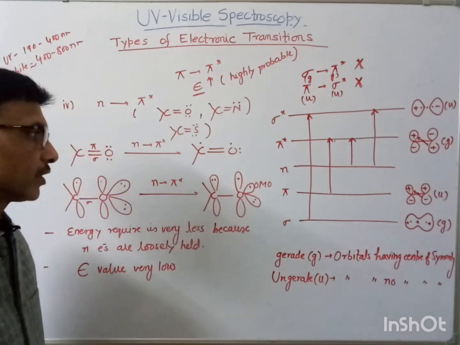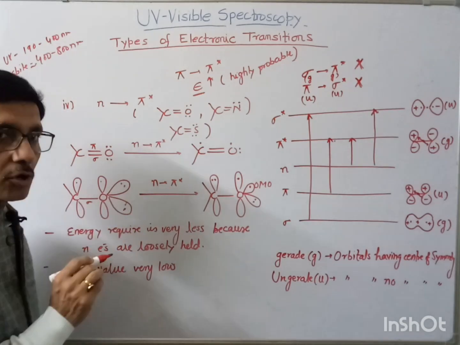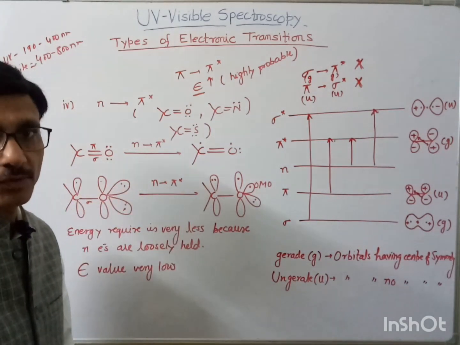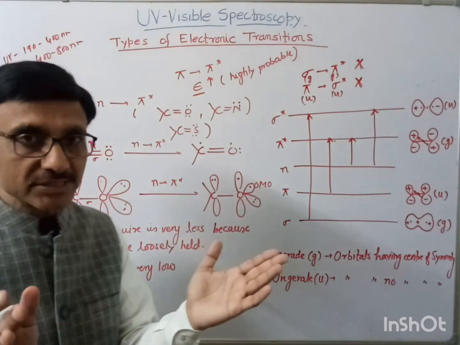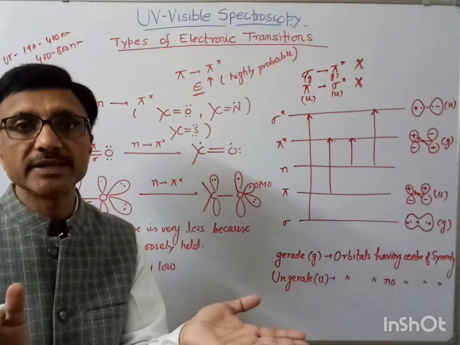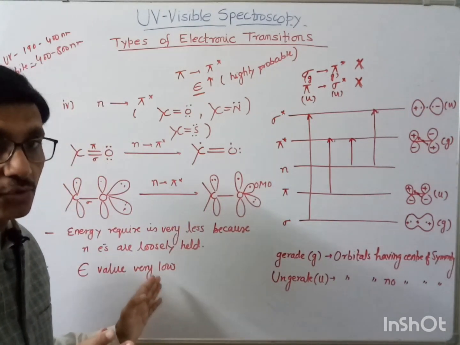The reason is that the non-bonding molecular orbital is perpendicular to the pi star orbital, so they are in different planes. That's why excitation is not easy. Though it still occurs. Why?